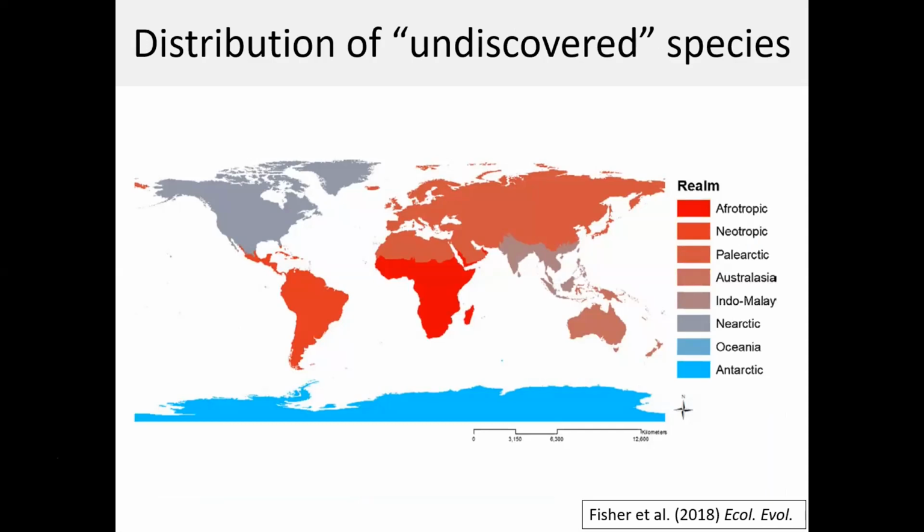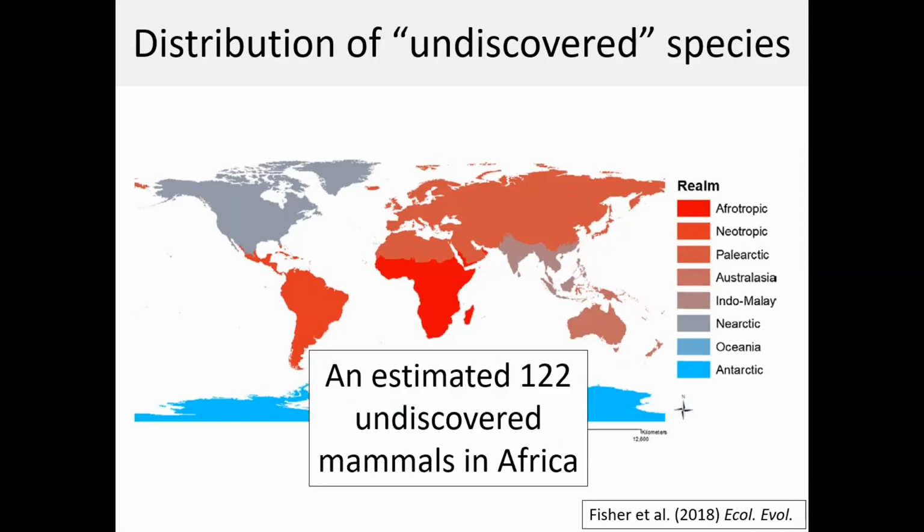This is a very interesting paper that was published a couple of years ago, predicting how many species have not yet been discovered on the different continents. Within the Afrotropics, Fisher estimated that there were 122 undiscovered mammals, which was the highest for any of the regions in the world. The next highest was the Neotropics.